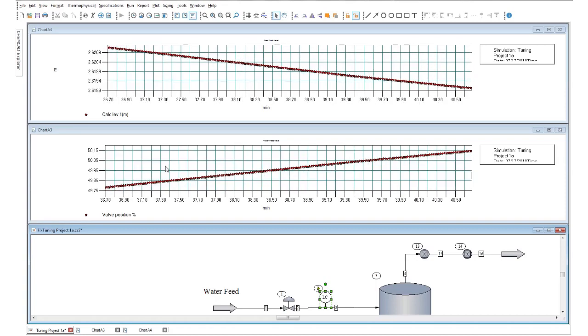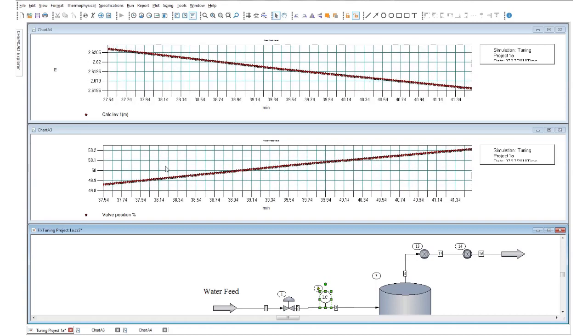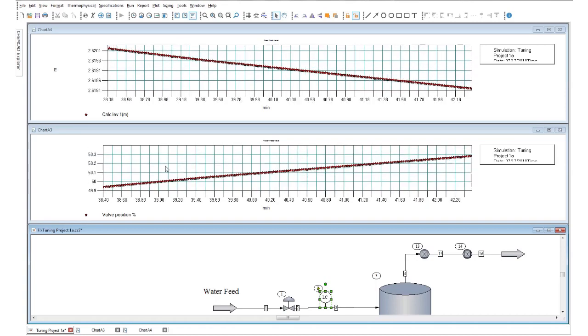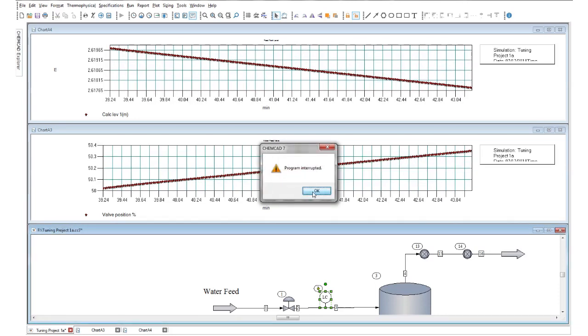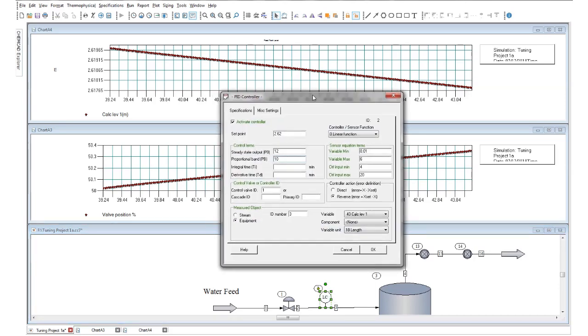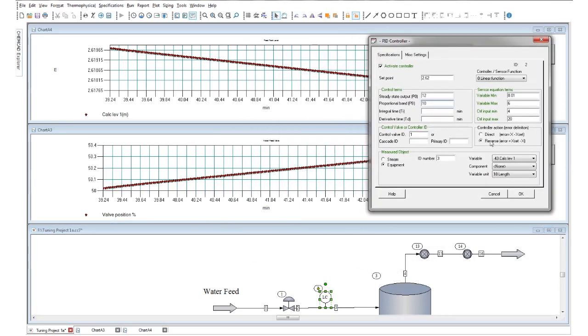Okay. Really what I want to do is find out when I start to oscillate. So I'm going to pause and look at my PID controller here. So I am not yet at a point where I see the stable oscillations. So I want to go to a higher gain, which means a smaller proportional band.